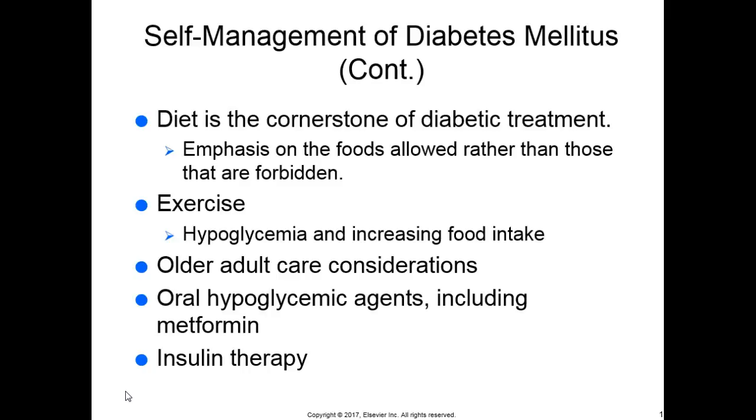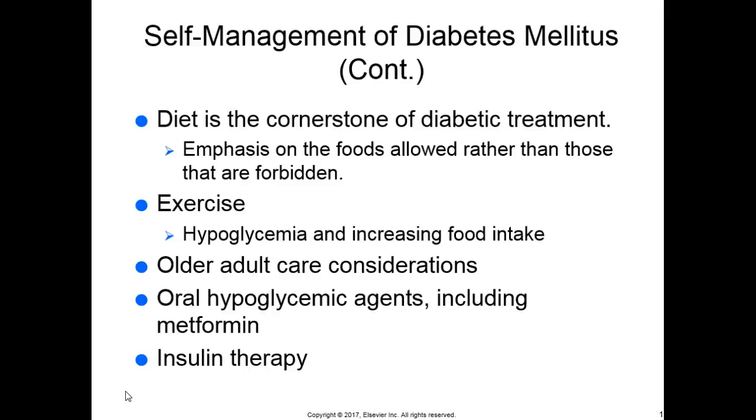Managing the blood glucose levels during exercise is pretty much individualized to the patient, regardless of whether they're type 1 or type 2. Gradually increase activities and consult with a healthcare provider for safe implementation of the exercise program.